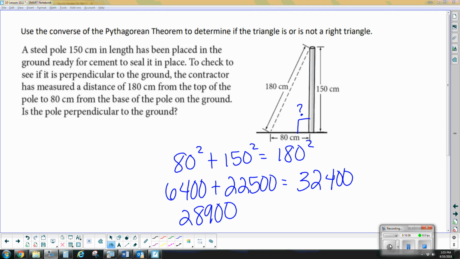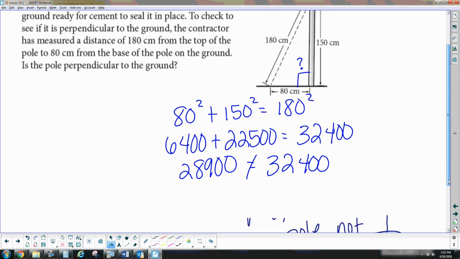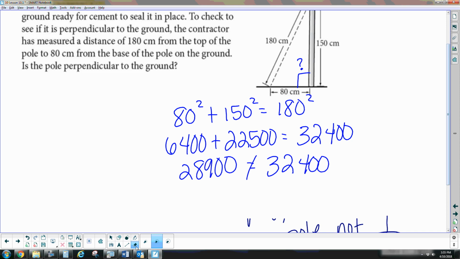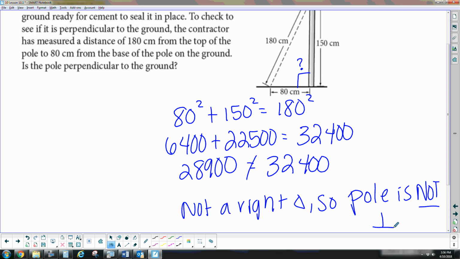Well, 28,900 does not equal 32,400. So therefore, since the Pythagorean theorem does not hold true, this is not perpendicular. So it's not a right triangle. So the pole is not perpendicular to the ground.